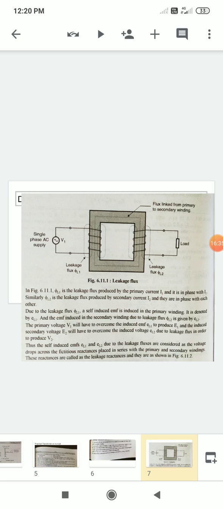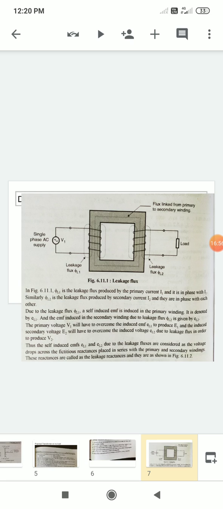But whenever we apply voltage to the primary coil, some flux also links with the iron core of the transformer. Look at the diagram where leakage flux phi L1 is shown.